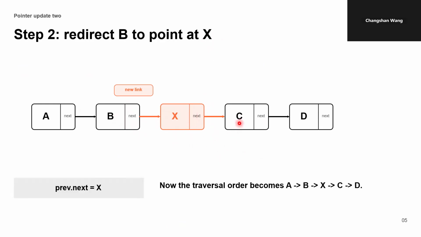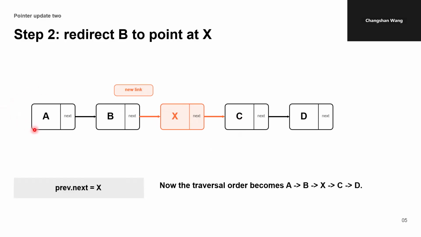That will cause a problem: if we didn't store the address or the reference of where the C node is, then we will lose the C node. In each node of a linked list, the only one who knows the address of the current node is the previous node.